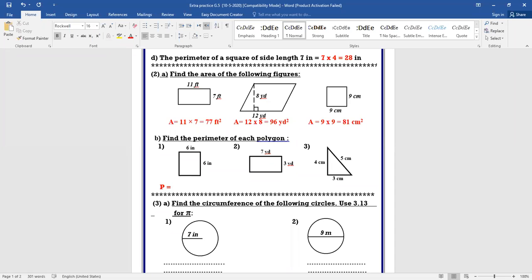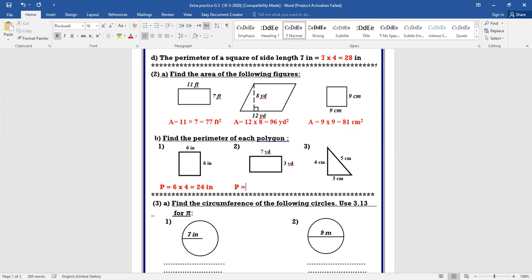No, 4 multiply 6. Length of one side multiply 4 because here we have 4 equal sides. 6 multiplied by 4 equals 24 inches. Okay.